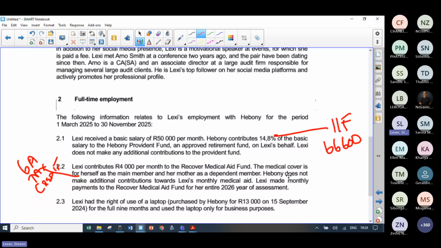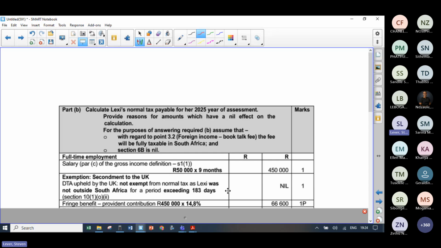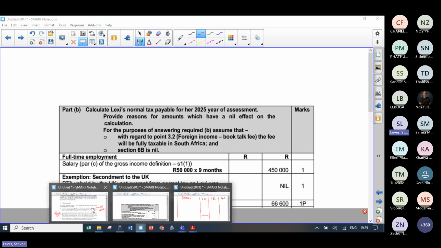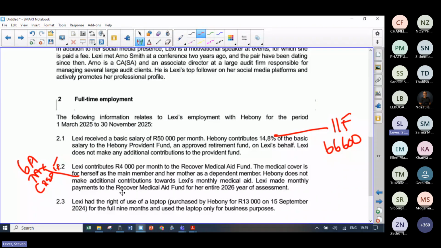Because it says Hebony does not make additional contributions towards Lexi's monthly medical aid. So what I would do in the solution, guys, but they didn't do it in the board exam, is put a line item in to say no medical fringe benefit, but they didn't do it as part of the board question. That's why I can't show you anything there. But to cover my backside, I would put a no in there just to cover my backside.